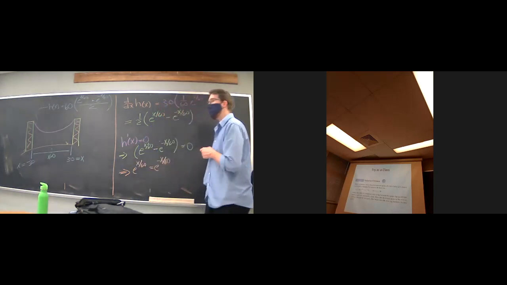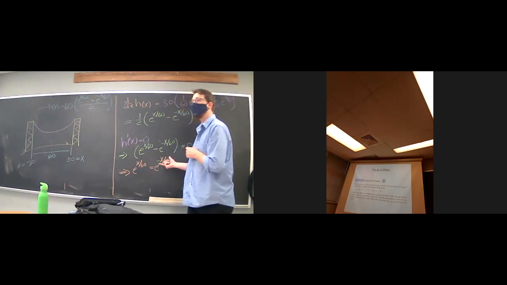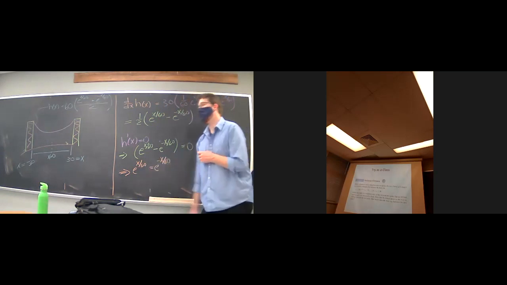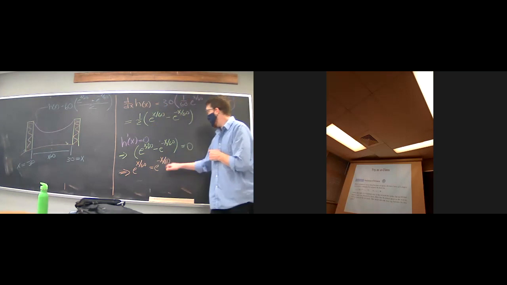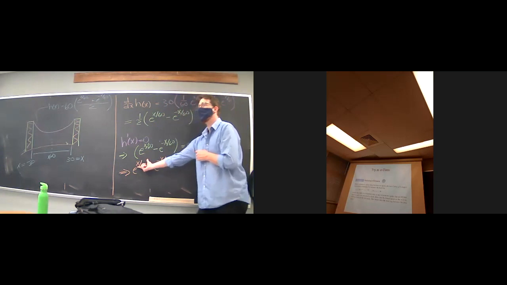Well, if this is the case, because the bases are the same, that must mean that x over 60 and negative x over 60 are also equal. Does that make sense? Because both the bases are identical. If these two things are going to evaluate to be the same, then this has to be equal to this, right? Make sense?